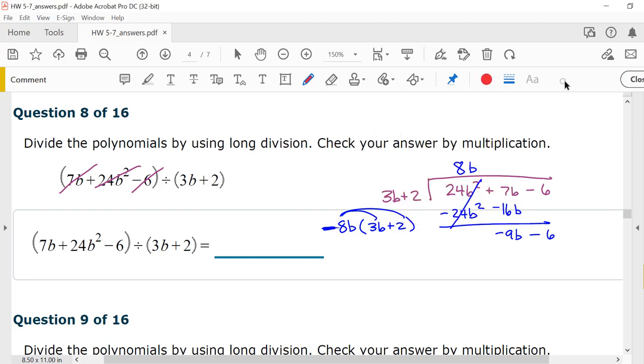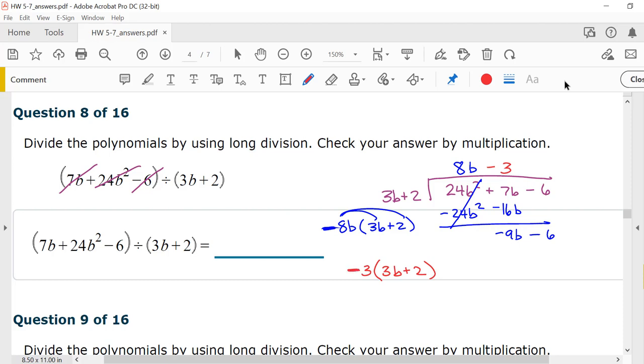All right. 3b times what gives me negative 9b? The answer is negative 3. Negative 3 times 3b plus 2, I'd get negative 9b. Okay, but I want to change the sign out front because I want to subtract.